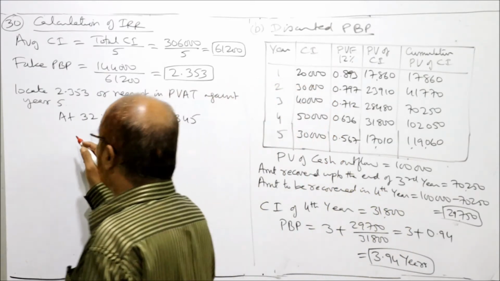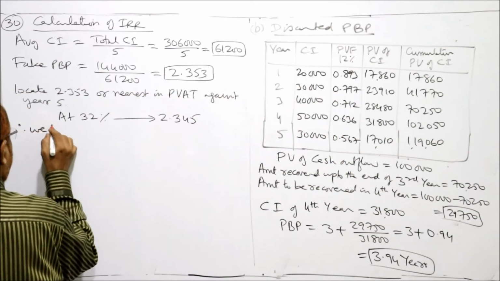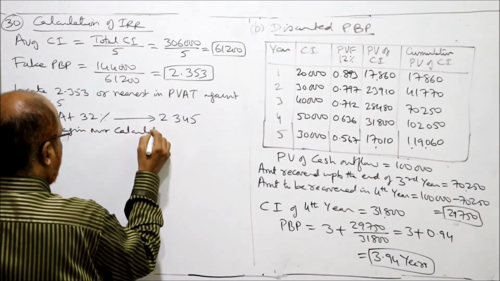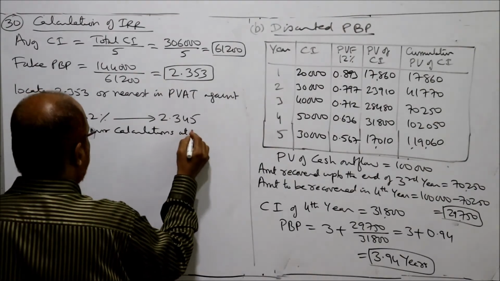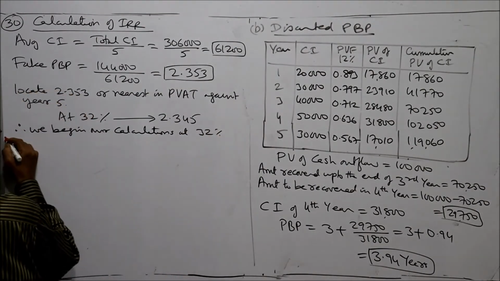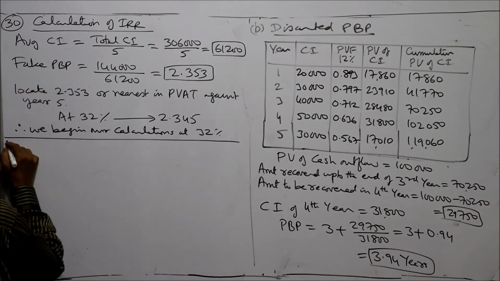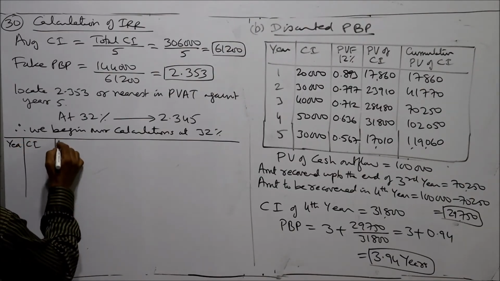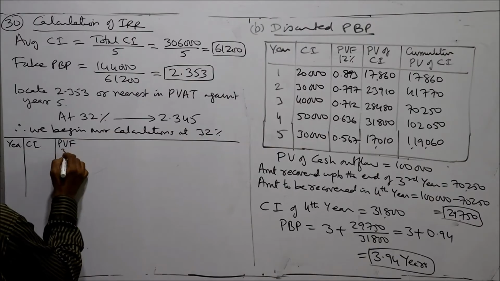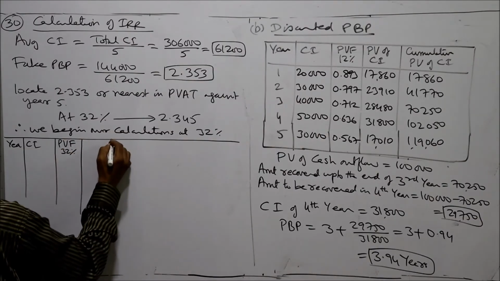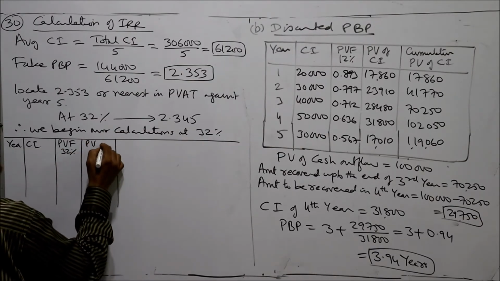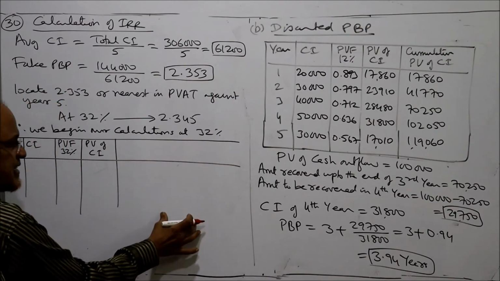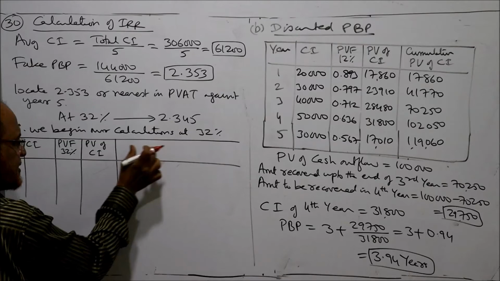Therefore we begin our calculations at 32%. I am keeping this space blank because we will take other percentages here.